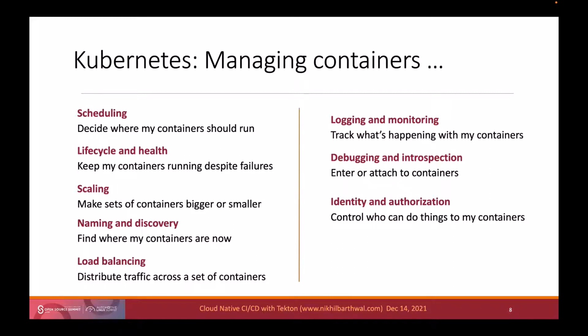Now Kubernetes is an open source project, kubernetes.io. You can actually download it and run it on your local system. Kubernetes itself is cloud agnostic, but most of the cloud vendors have Kubernetes in some form of managed service. Google has GKE, Google Kubernetes Engine, Azure has AKS, Azure Kubernetes Service, Amazon has EKS, Elastic Kubernetes Service.